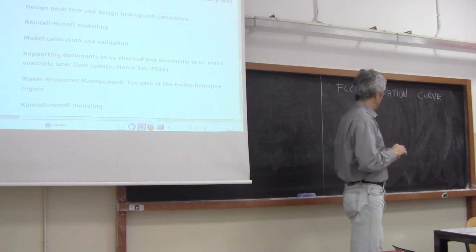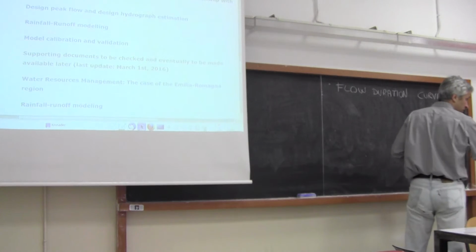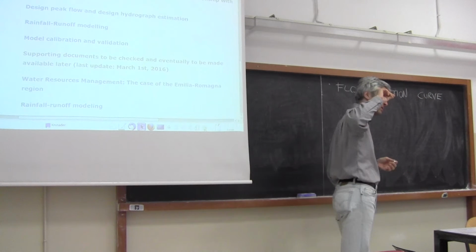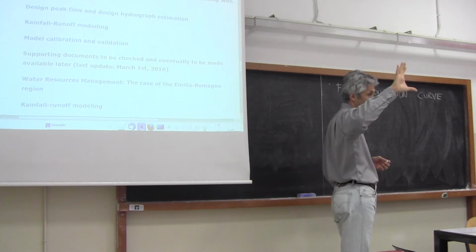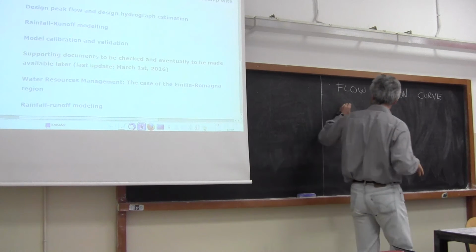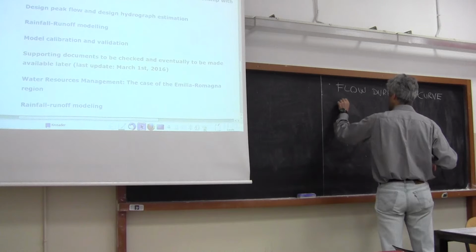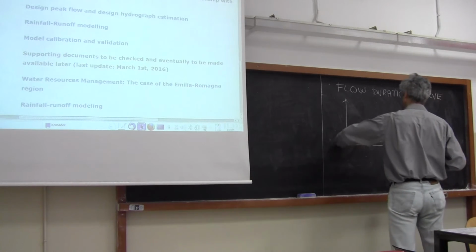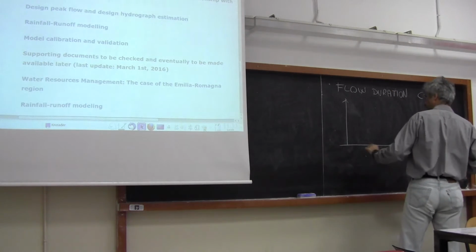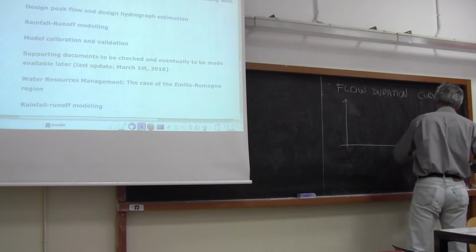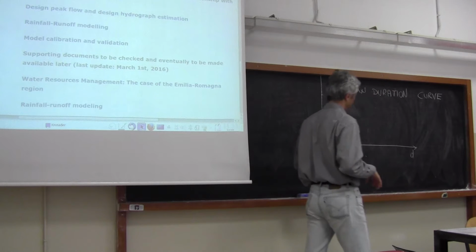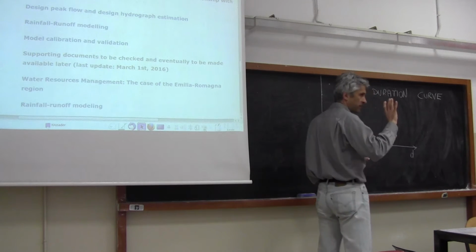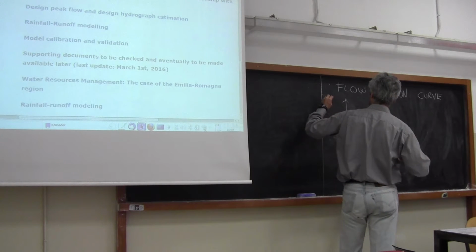So the flow duration curve may be depicted, but it can be treated analytically. And what is the flow duration curve? First of all, let's define it by referring to the graphical form, because it's easier. The flow duration curve is a graph which records, let me start from the vertical axis, from the y-axis.